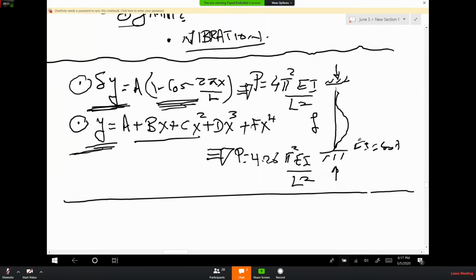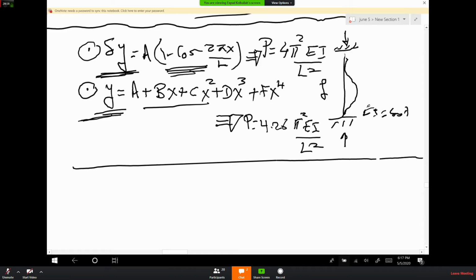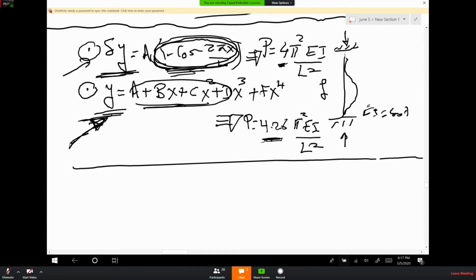And as we said last time, assuming the trig is more accurate than the polynomial. The answer here is 4.26, and the 4 is the exact solution. So the answer for the second problem was not as good as the first one. To make it as good, we need to add more terms. But the concept is clear: I can use delta y or y, and I can use a trig function or polynomial function.